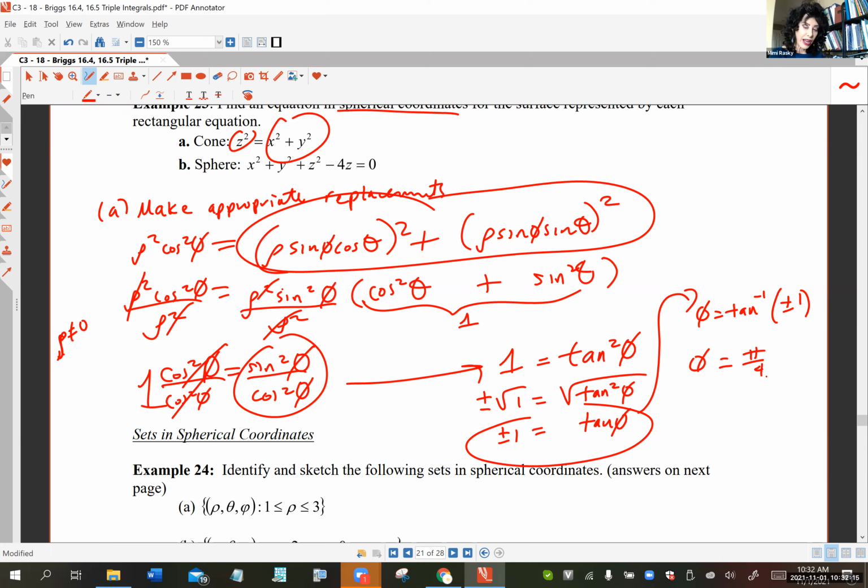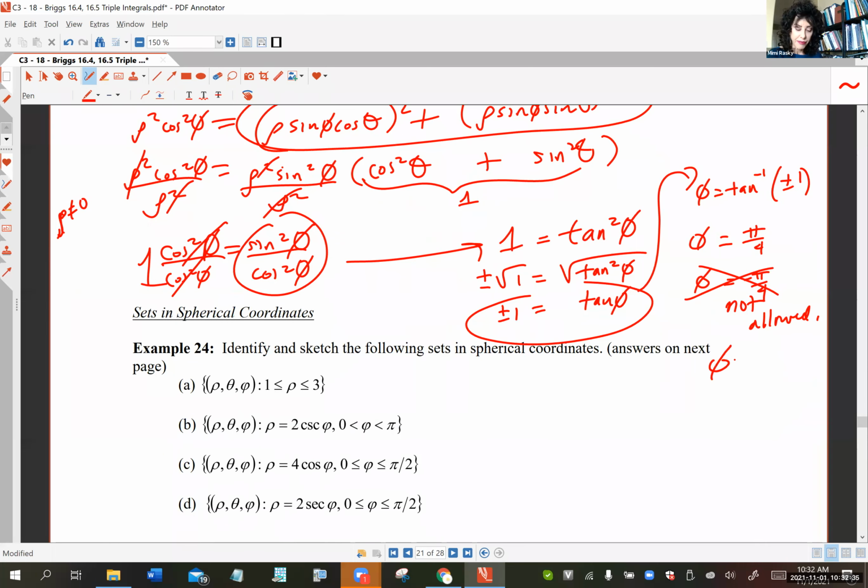Now, when you use your graphing calculator, arctan or tan inverse of -1 is negative pi fourths, but phi is not allowed to be negative, as we discussed initially. Well, what do you do then? Well, you add pi to that, and you get phi is equal to 3 pi fourths.